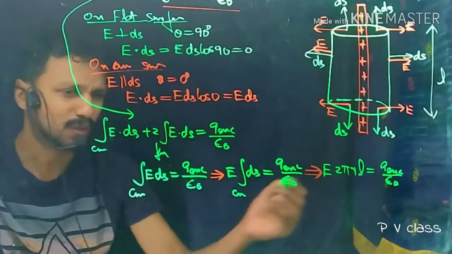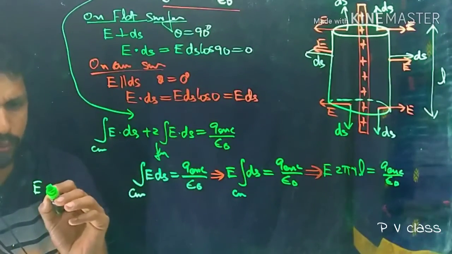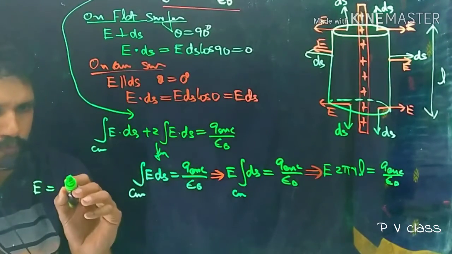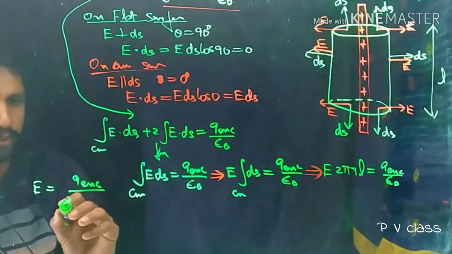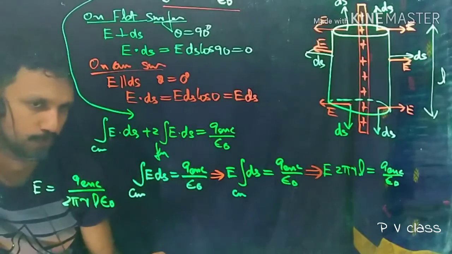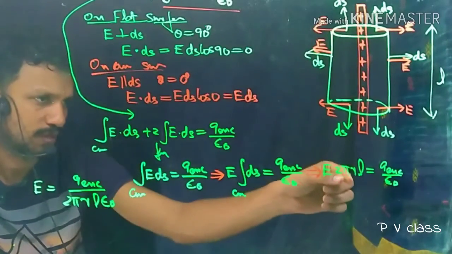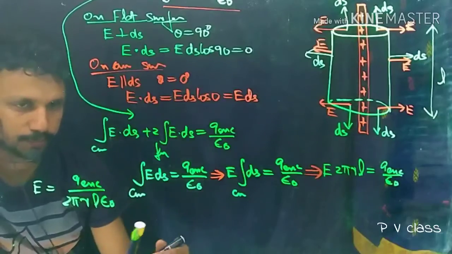Then we could clearly write E is equal to q enclosed by 2 pi r l epsilon 0. We are taking this 2 pi r l to this side and we get an equation like this.